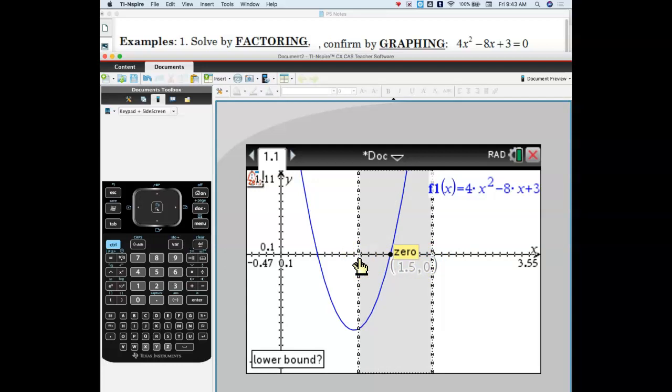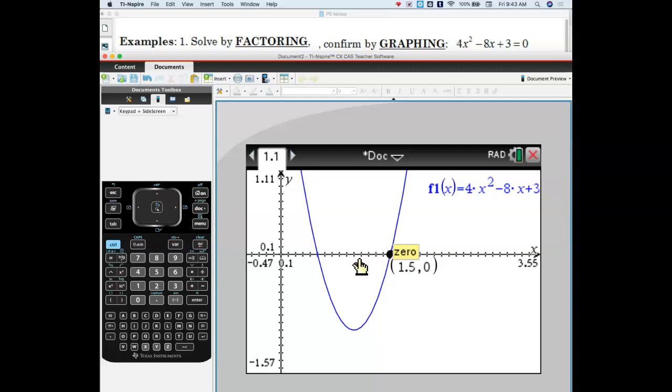If you keep going, it tells you the zero. Unfortunately, you gotta do each zero individually. And then when you hit that middle button again, it just will tell you what you just found. So we just found the zero at 3 halves.